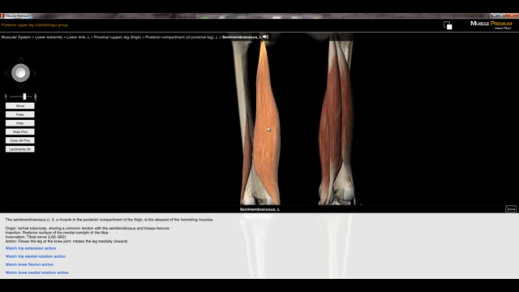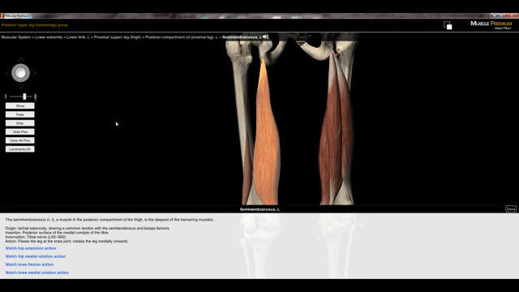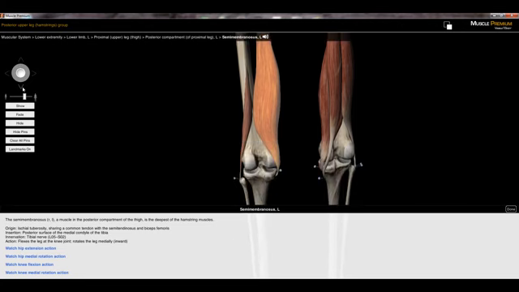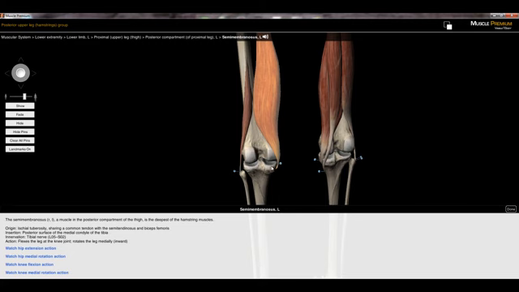And lastly, the semimembranosus, attaching at the ischial tuberosity and inserting in the medial aspect of the tibial plateau. Now, it's innervated by the tibial nerve, and interesting, which my picture doesn't show here, is that it has a pretty expansive insertion.